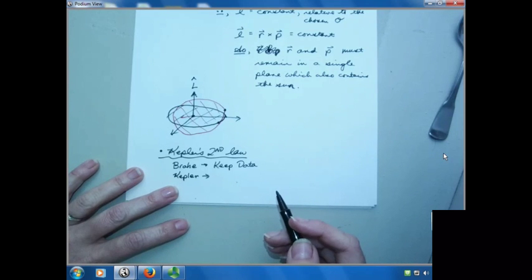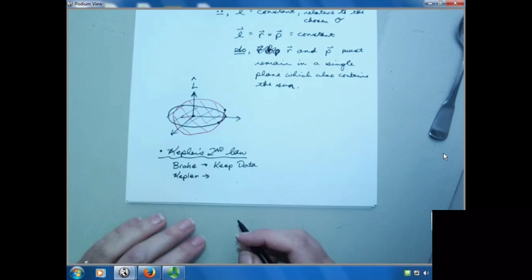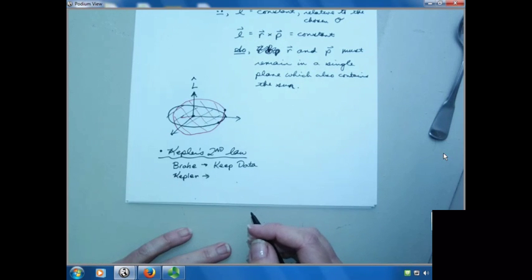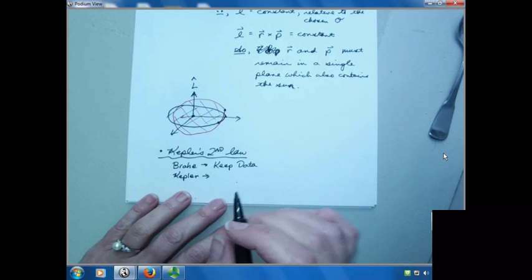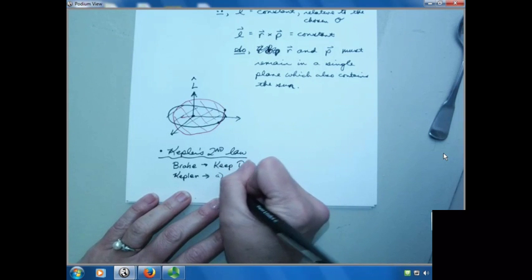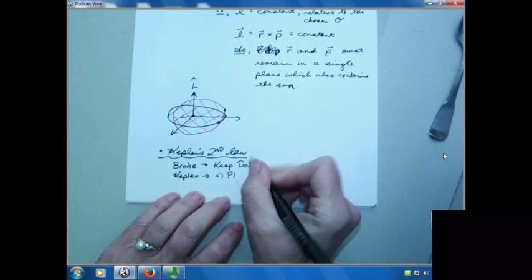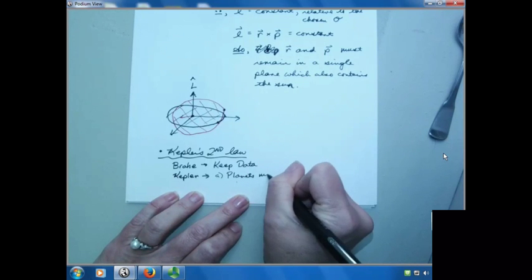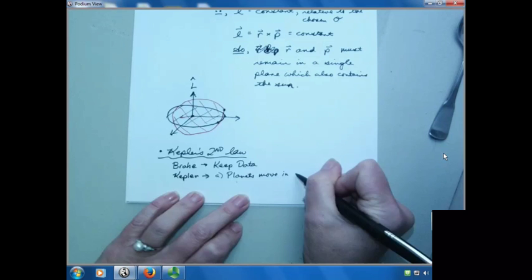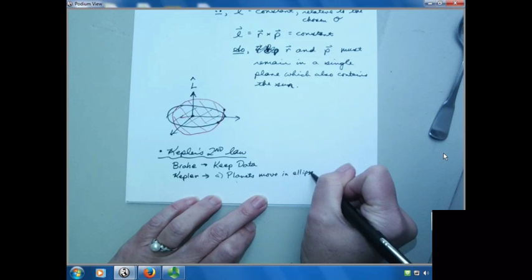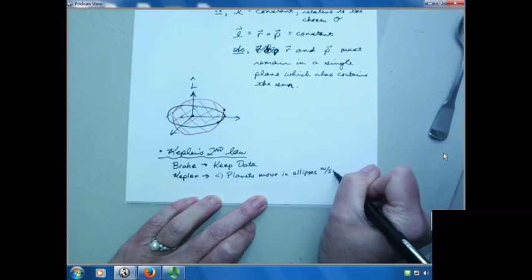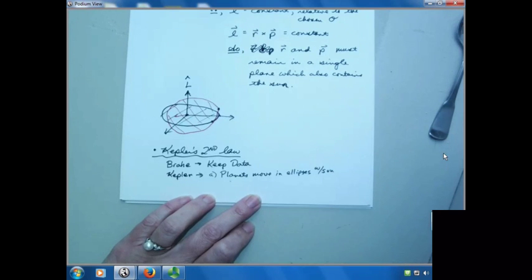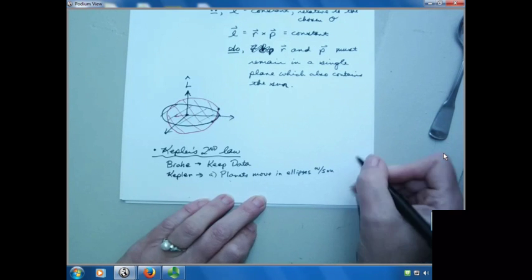And so what Kepler found were three laws. First, planets move in ellipses with the sun at one focus, not circles, as had been previously posited.